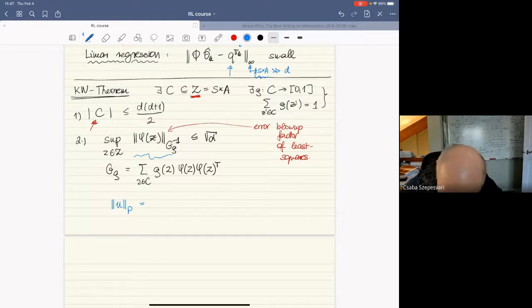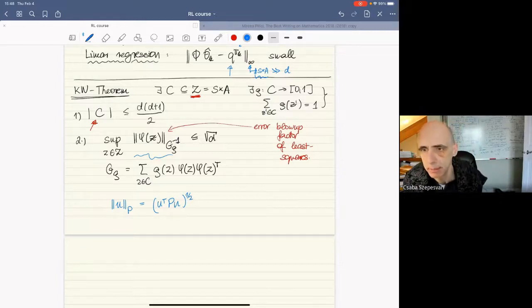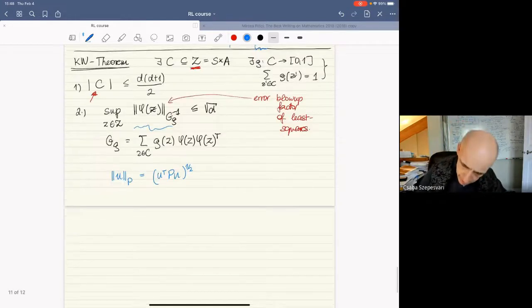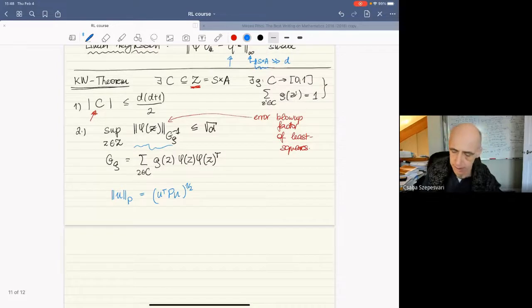It is simply the square root of u transpose P u. If P is positive definite, you can show that this is a norm. We don't actually care about whether this is a norm at this moment, maybe later it will come up. For now we just know that this is a non-negative number, and that's it.